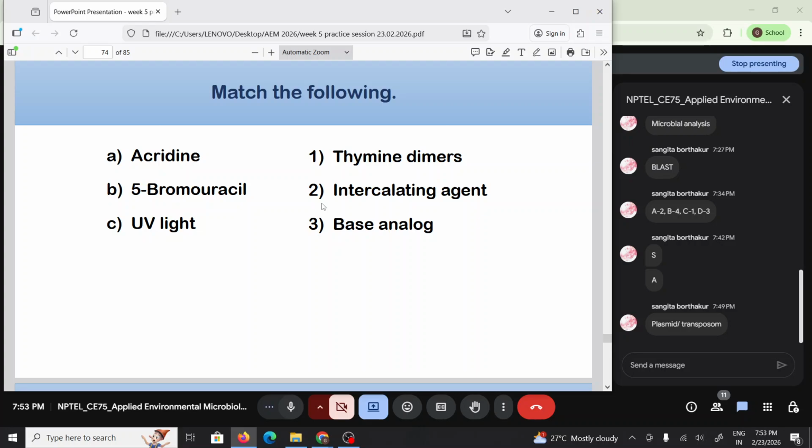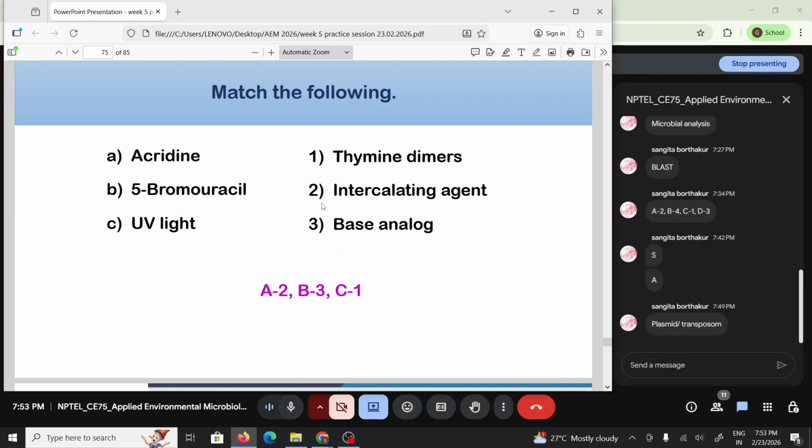And the next question is about different agents that we use. One is acridine, 5-bromouracil, and UV light. So acridine is basically an intercalating agent, and 5-bromouracil is a base analog, and UV light causes thymine dimers, and all these three agents are in relation to gene mutation.